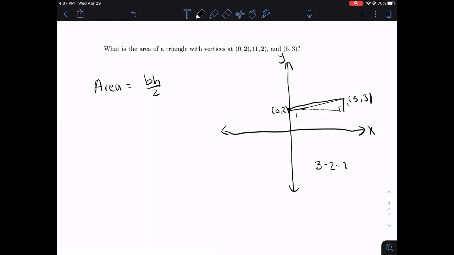So essentially, this is a triangle with base 1 and height 1, even though it doesn't look like one. So base times height over 2 is just 1/2. This can be confirmed with shoelace as well, but shoelace is a lot more work than this.